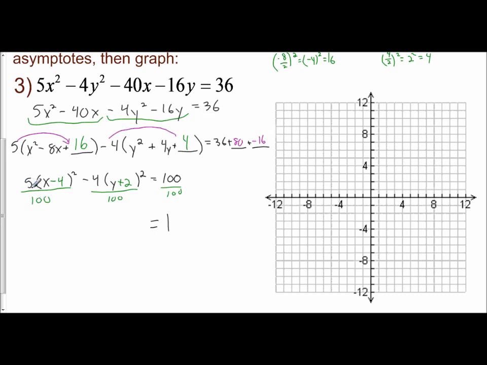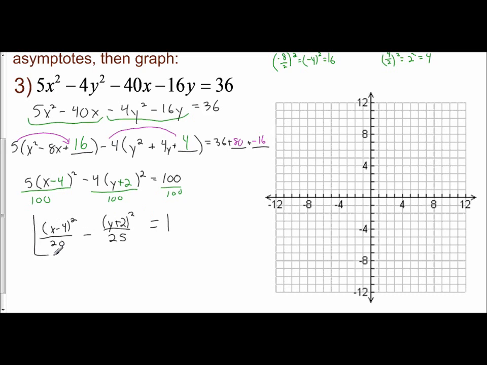And so that means my 20 is going to be in the bottom because I took the bottom divided by the top. So it's going to be x minus 4 squared over 20. And you have minus, 100 divided by 4 is 25. Since I took the bottom divided by the top, 25 is going to go in the bottom. And that's y plus 2 squared. So there is my standard form for the hyperbola.